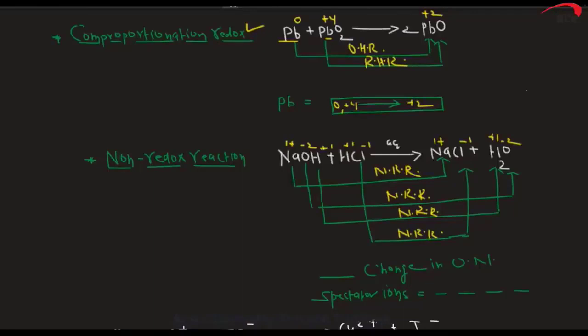So this reaction is referred to as a non-redox reaction, as there is no change in the oxidation state. So all the species like Na plus, H plus, Cl minus, O2 minus, all these are referred to as what? Spectator ions. So on the basis of change in the oxidation state, we can classify redox reactions into the above types.